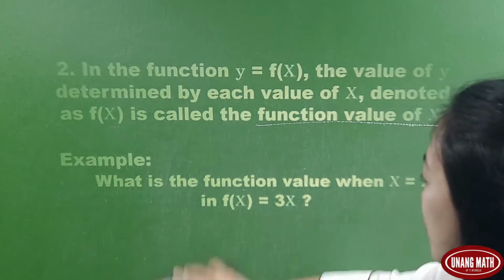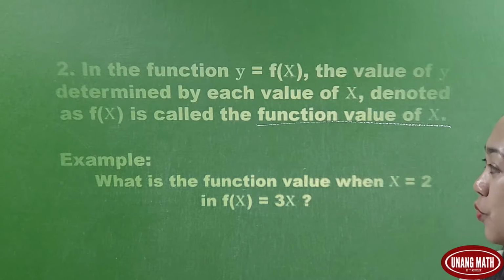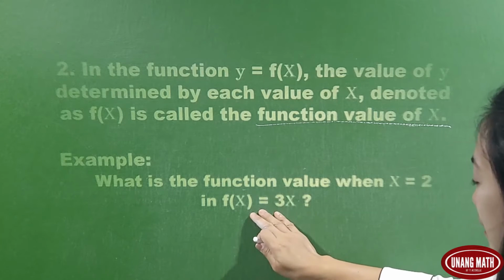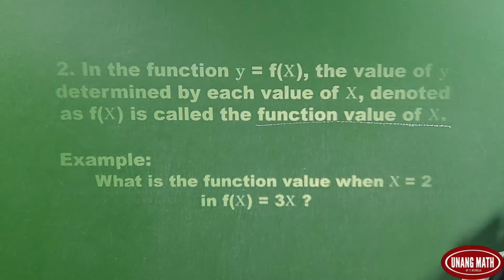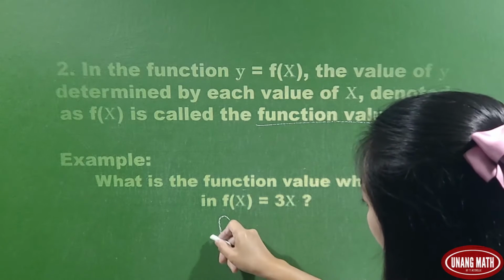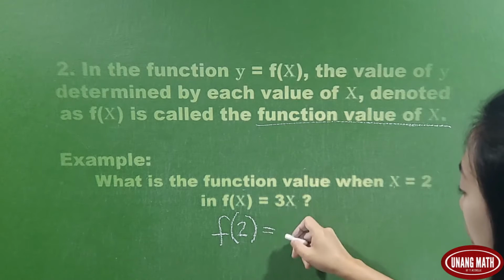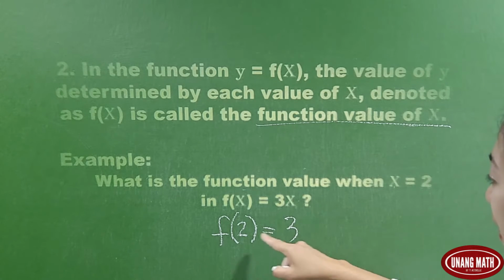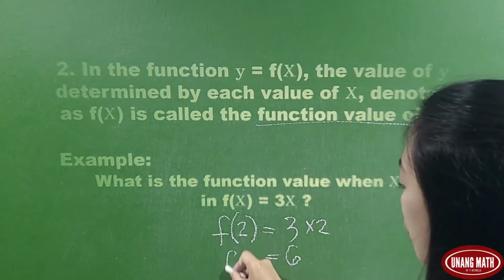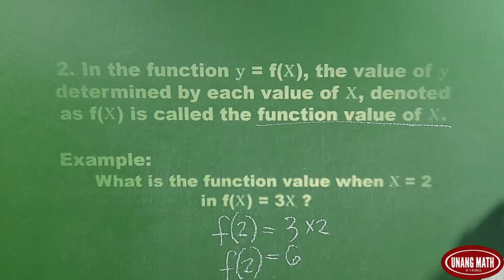What is the function value when x is equal to 2 in this function f of x is equal to 3x? So the value of x is 2. So that means f of 2 is equal to 3 times 2, then that's equal to 6. So f of 2 is equal to 6.